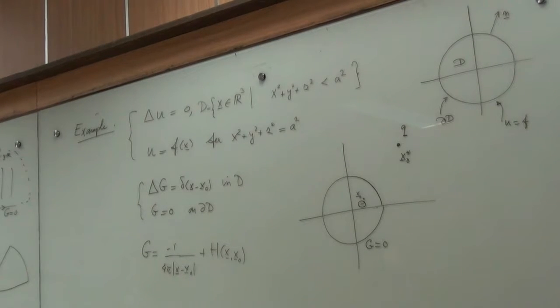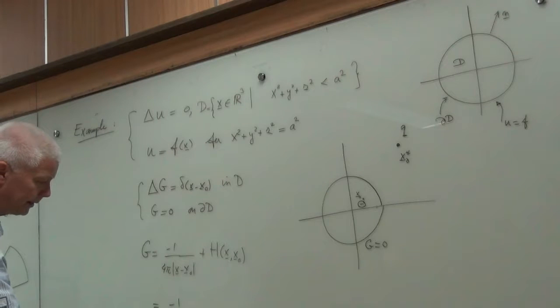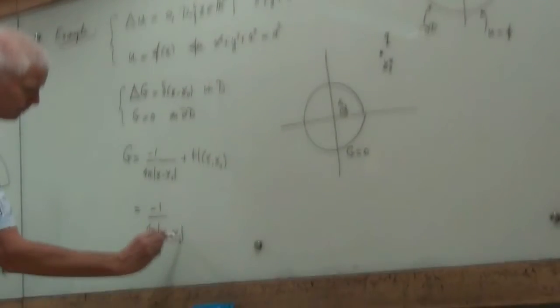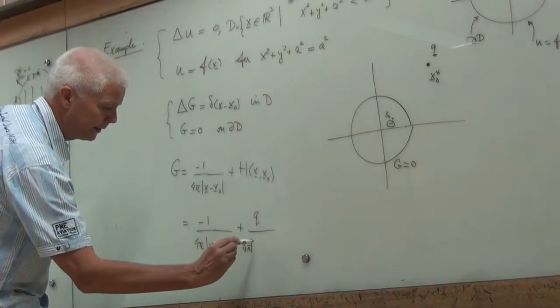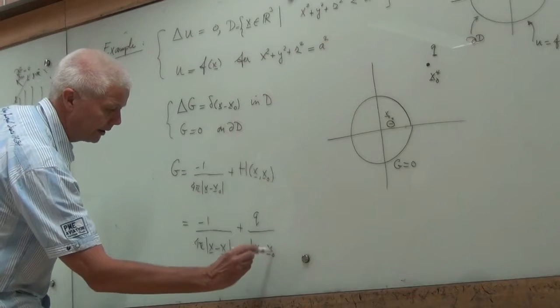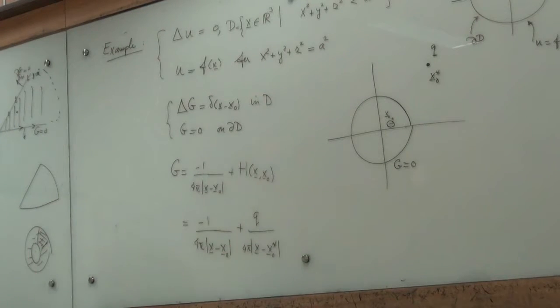That was the experiment of what Green actually tried to do. And that's typically what you do in research. You try something. In 99% of the cases it does not work, but in 1% it works, and then you have a nice result. And this is what he did. He said, well, let's place somewhere another charged particle, for instance. I don't know the position, let it be x0 star. And then he said, actually, my G is then equal to minus 1 over 4 pi |x minus x0|, plus Q times 1 over 4 pi |x minus x0 star|.